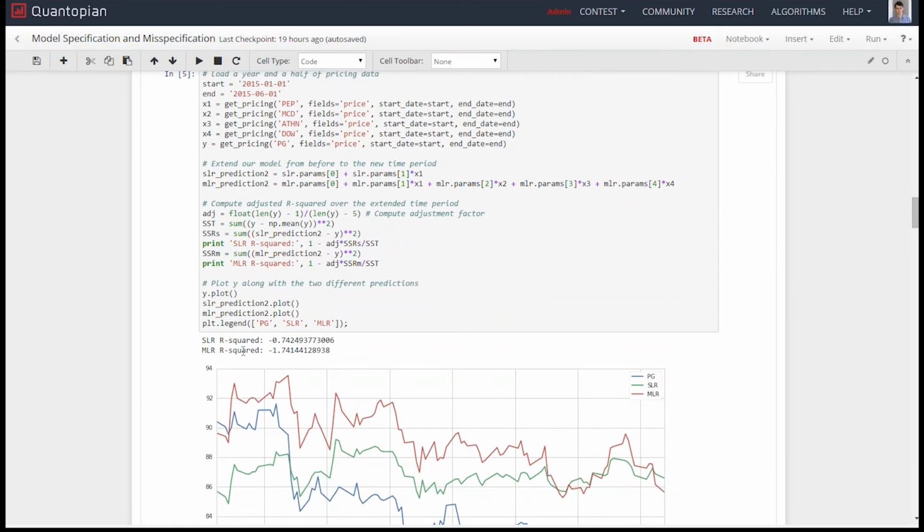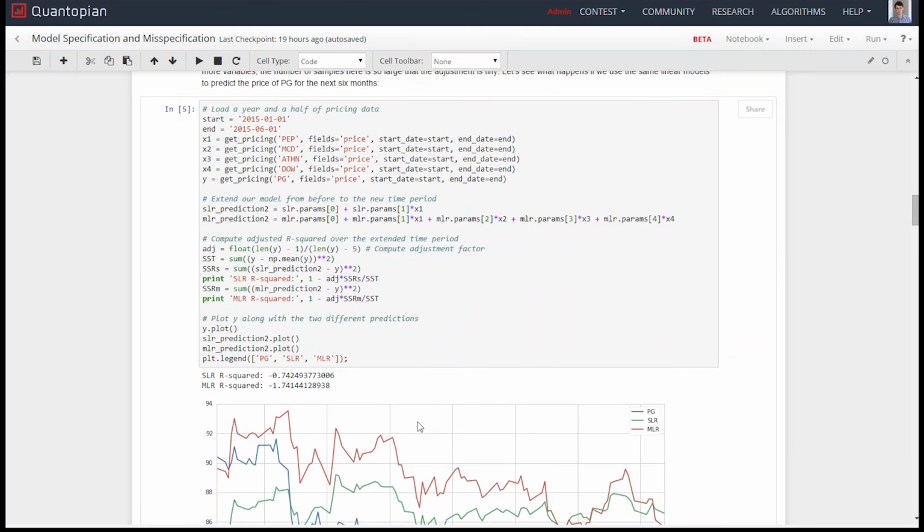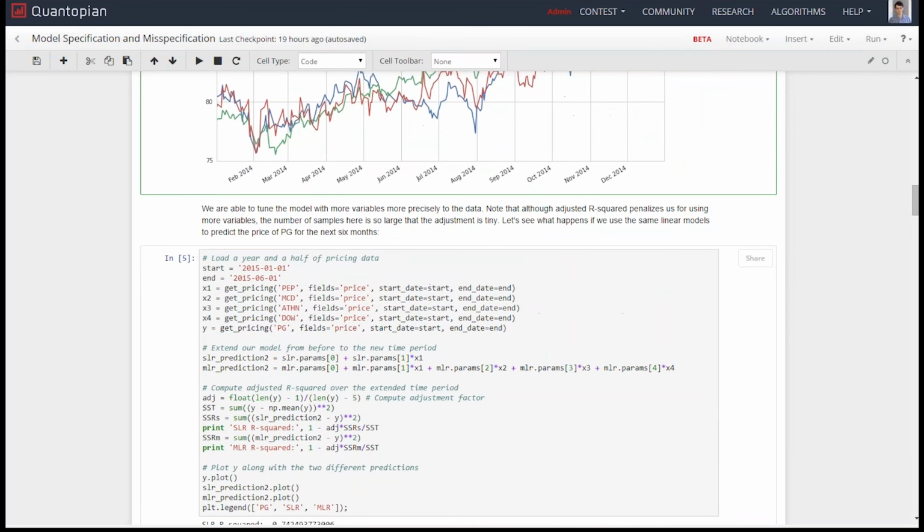The important thing to note is that the multiple linear regression collapsed even more extremely than the single linear regression. So if you had been using the single linear regression, you would have lost money, but if you had been using the multiple linear regression, you would have lost all your money. So the important point here is that you want to keep your model simple, and you want to try not to include variables unless you're positive that they're going to be predictive.